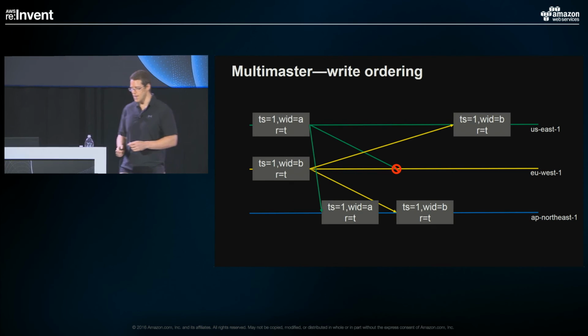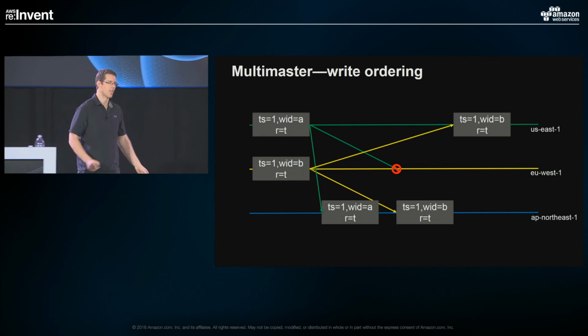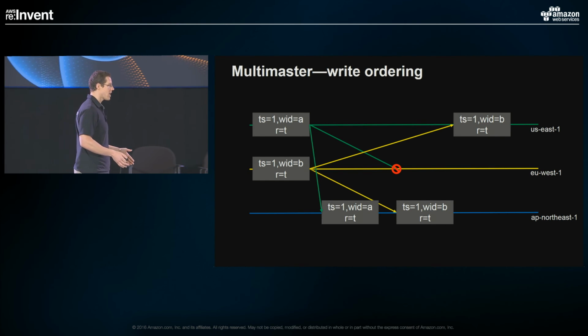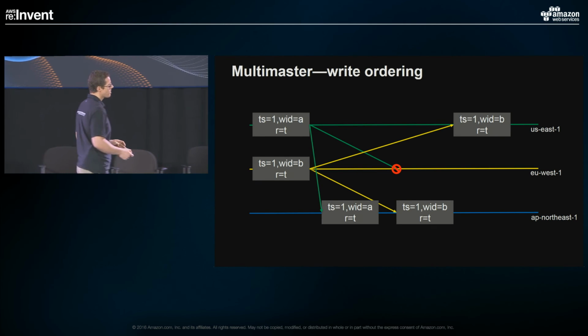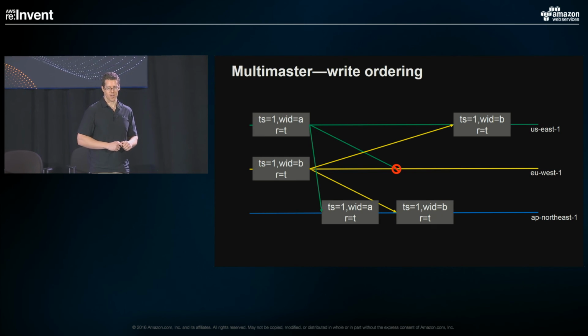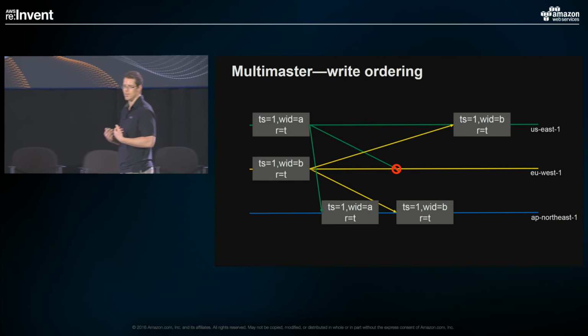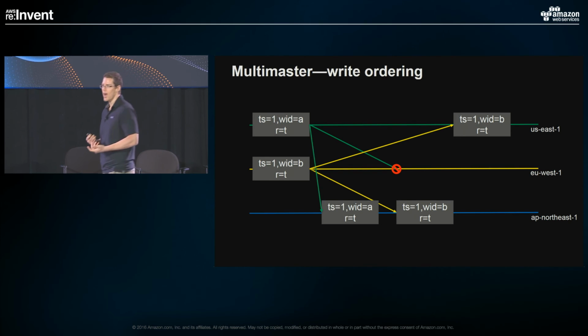So timestamps could be the same. And again, we want to cover our corner cases because we don't want creeping entropy. So in this example, say timestamps are exactly the same for 2 updates that concurrently enter the system in 2 different regions. Well, we still have the write ID.